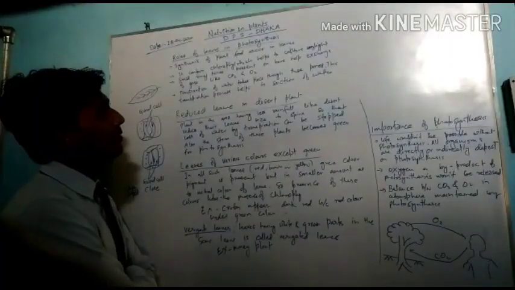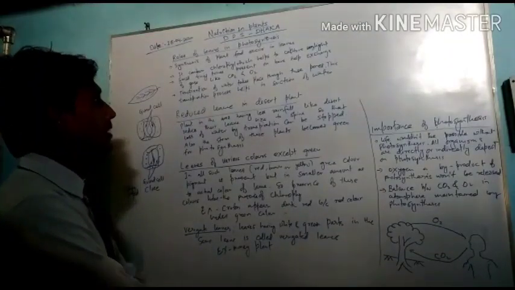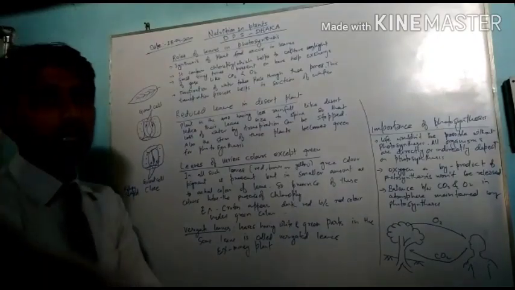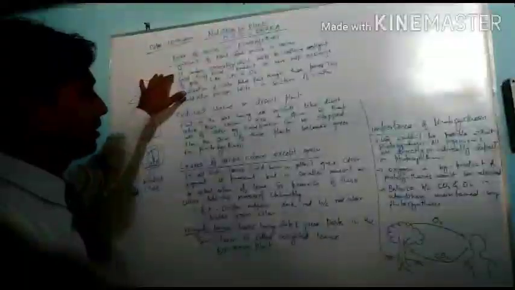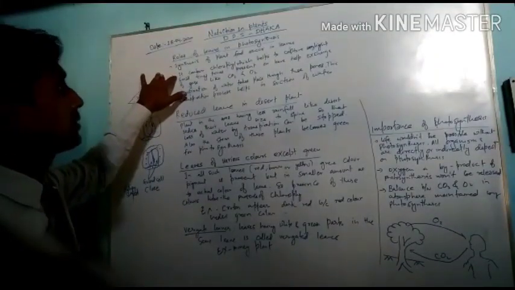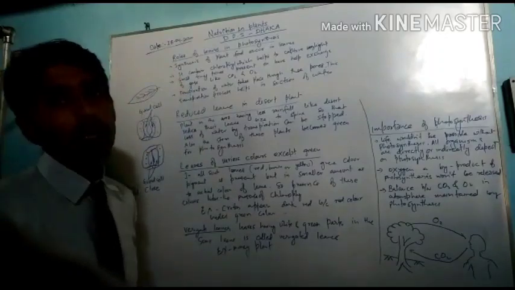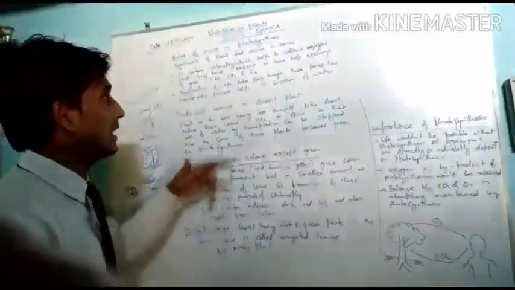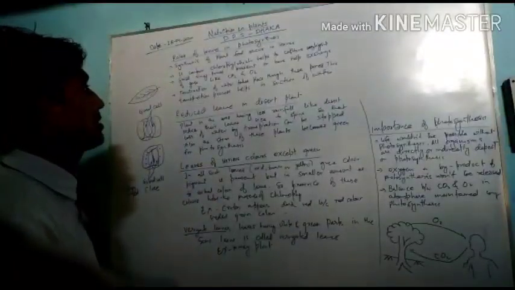It contains chlorophyll which helps to capture sunlight, because green leaves contain chlorophyll, which you can see here on the board. The green leaves contain chlorophyll which helps in the capture of sunlight, because sunlight is also necessary for photosynthesis, and the capture of sunlight occurs only because of the presence of chlorophyll.